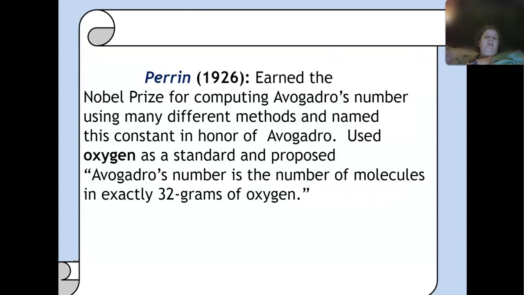And then Perrin, who earned the Nobel Prize for computing Avogadro's number using many different methods, and named this constant in honor of Avogadro. He used oxygen as a standard and proposed that Avogadro's number is the number of molecules in exactly 32 grams of oxygen.